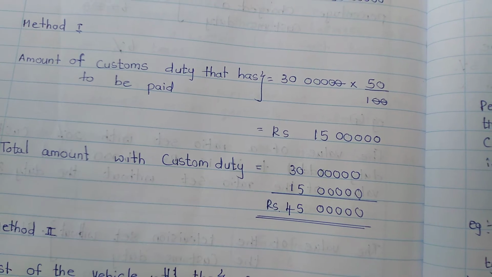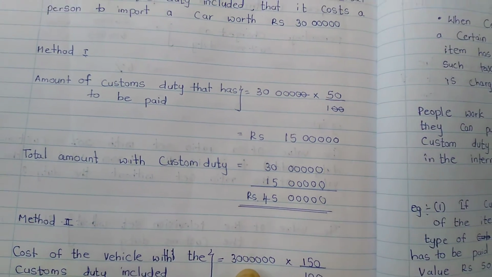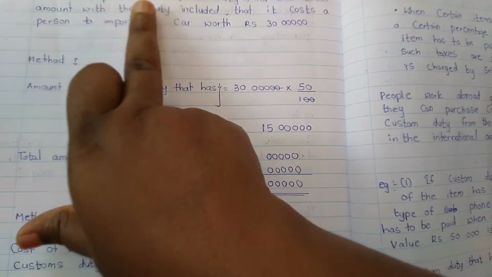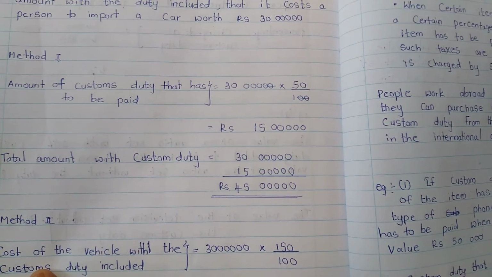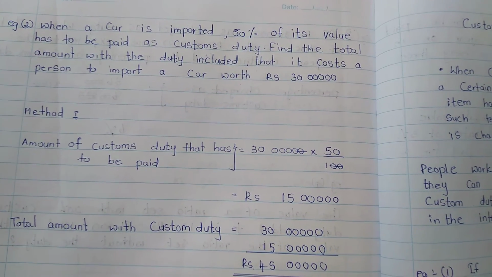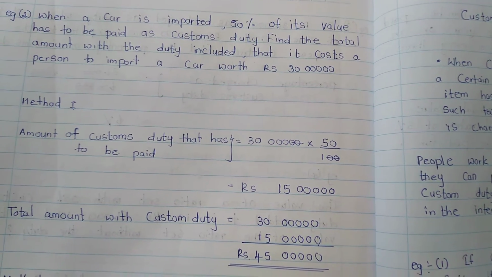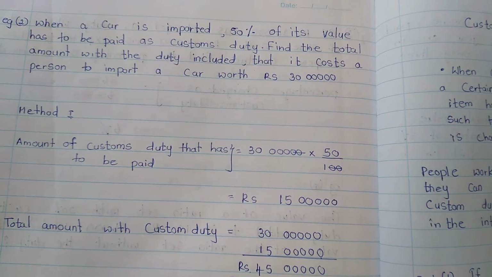Amount of custom duty that has to be paid when a car is imported. First read the question. When a car is imported, 50% of its value has to be paid as custom duty.